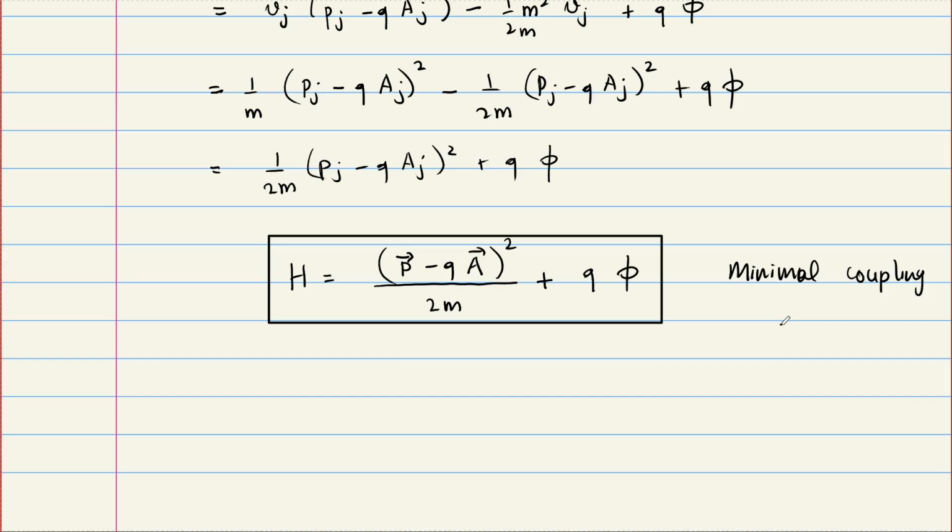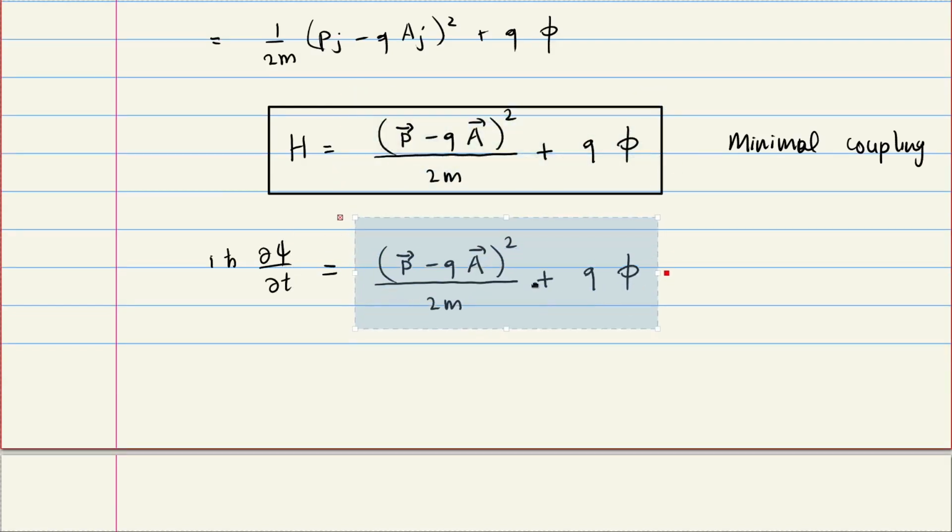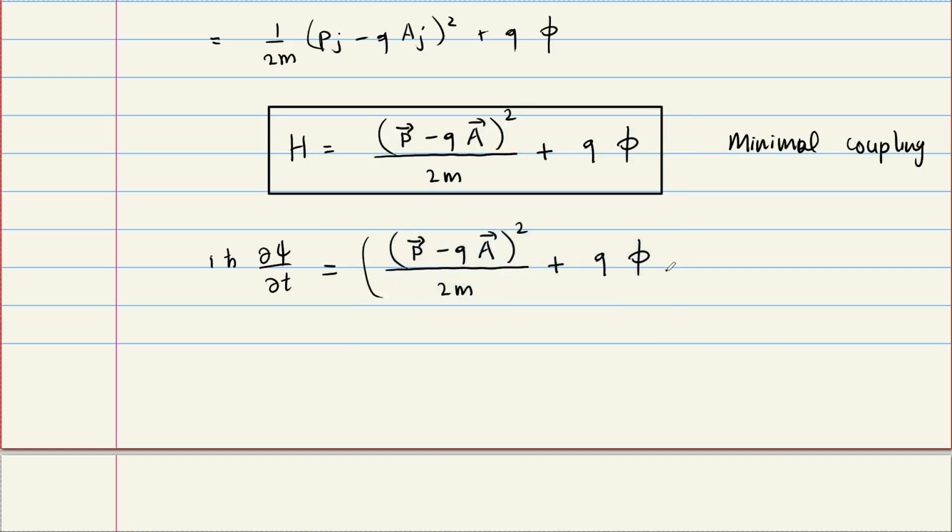Now, once I have the Hamiltonian, I can go to quantum mechanics, right? Quantum mechanics is i h bar del psi del t. Just write the Schrödinger equation with this Hamiltonian. And that's it, right?